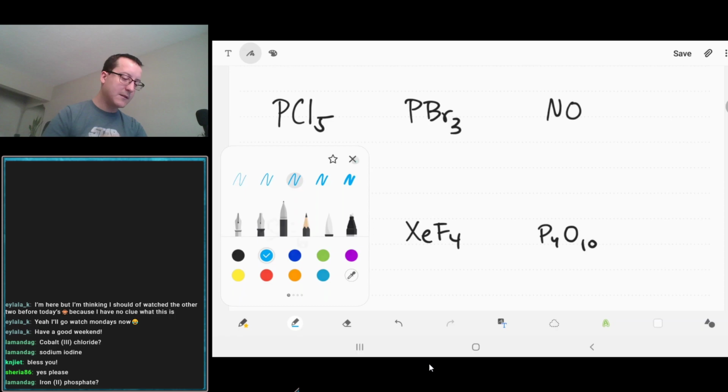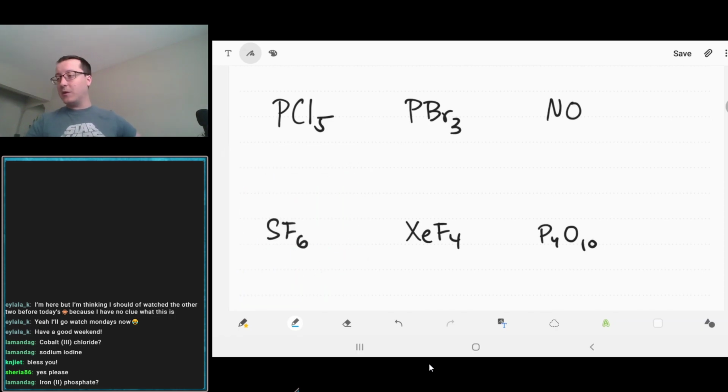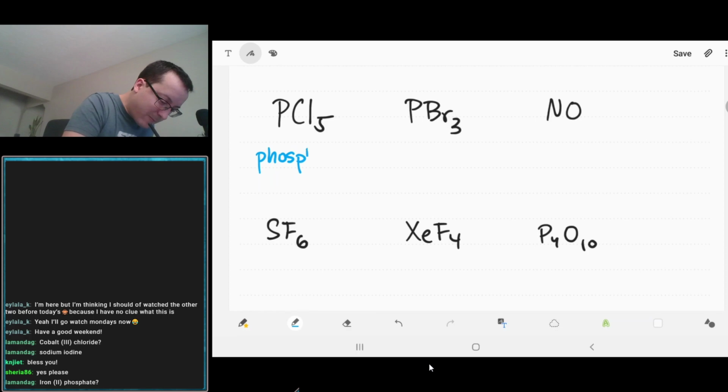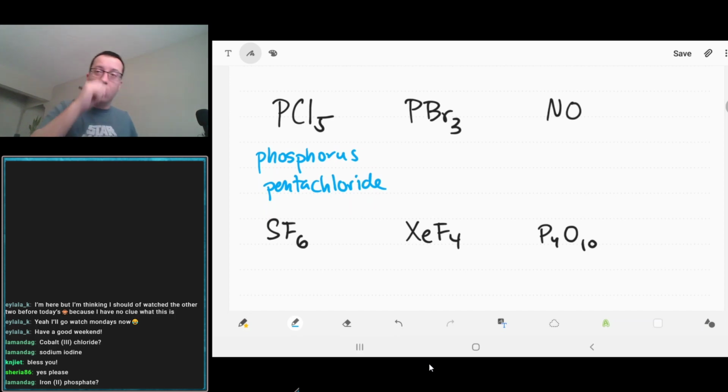So looking at these, again, it's just a matter of knowing what the symbols mean and then learning those prefixes. So this one is going to be phosphorus pentachloride. So end with the -ide.